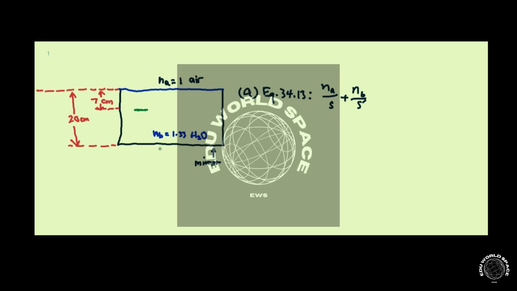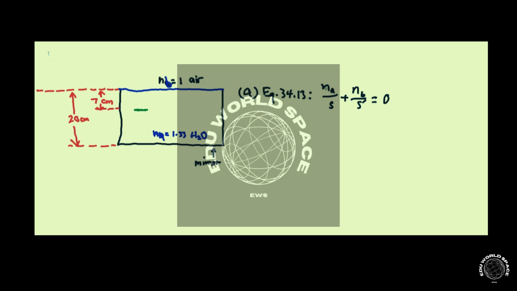And actually I mislabeled my A and B in the figures here. So actually that should be B and this is A. Okay, so NA is water and NB is air. And that's equal to 0.